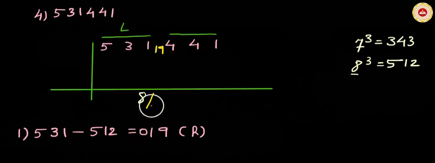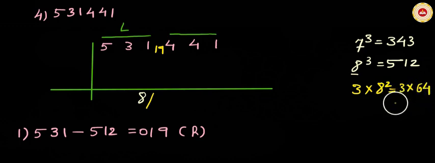Now let us calculate divisor. To calculate divisor, what we do? See, 3 times, that is 3 multiplied by square of a first leftmost digit, which has been just written here. So 8 squared, which is equal to 3 multiplied by 64, because 8 squared is 64.